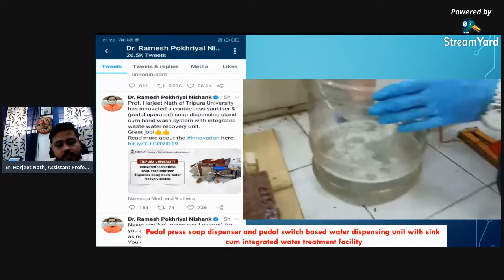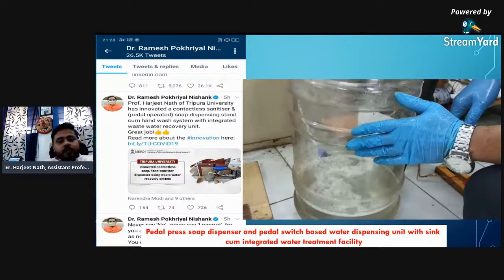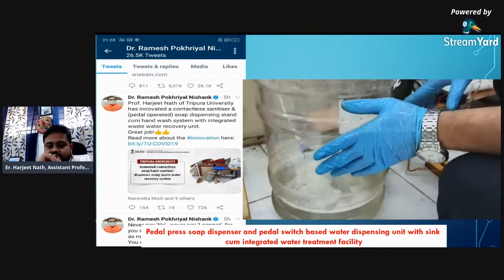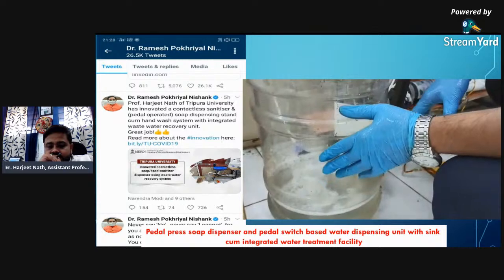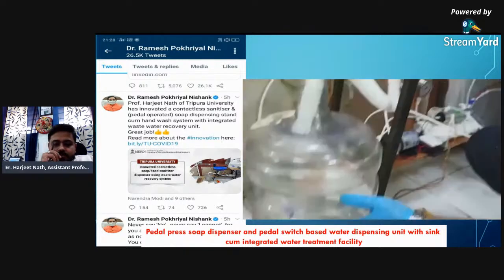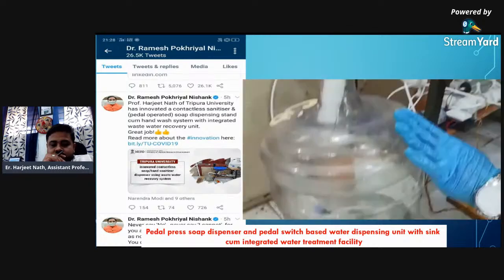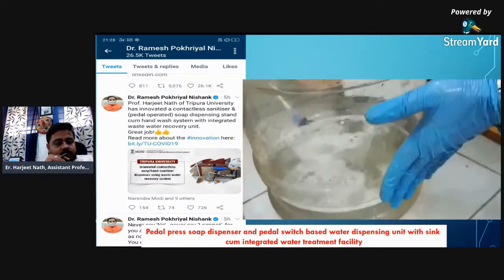From this system, you could see that a lot of water along with the surfactant goes out to the environment. What I have done is I tried to recover some of the water out of this wastewater, so that it could be recirculated back to the system, and so that we could save water.